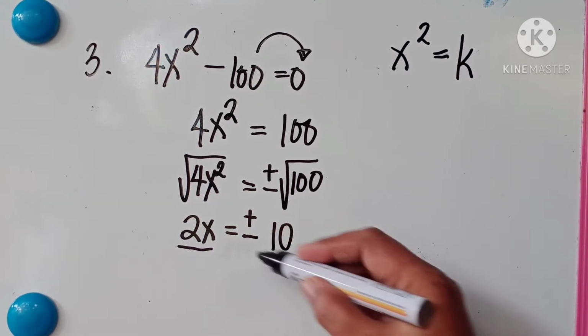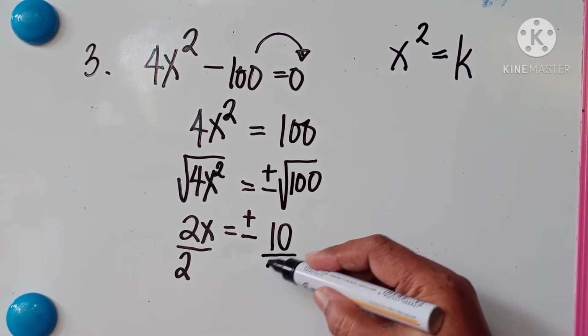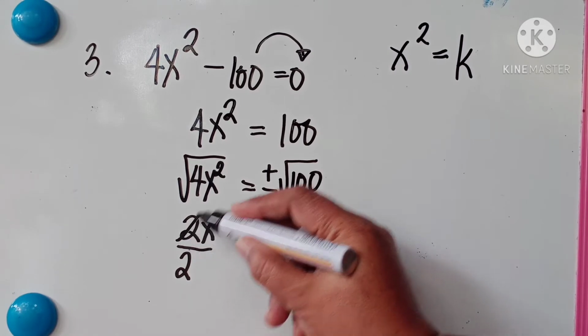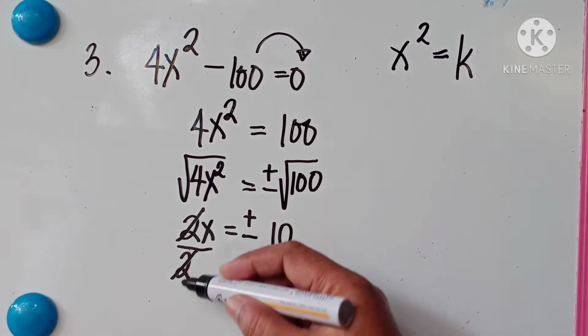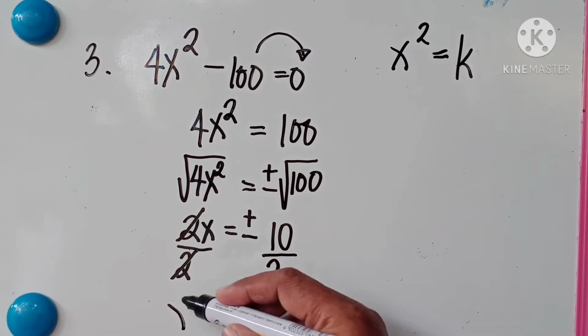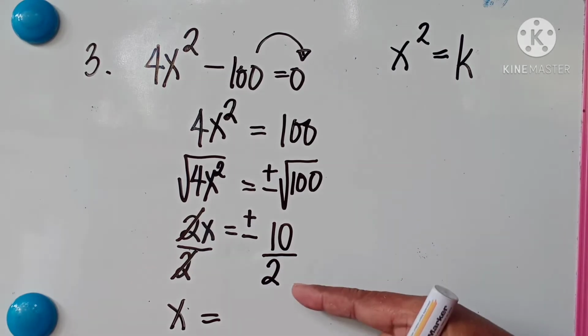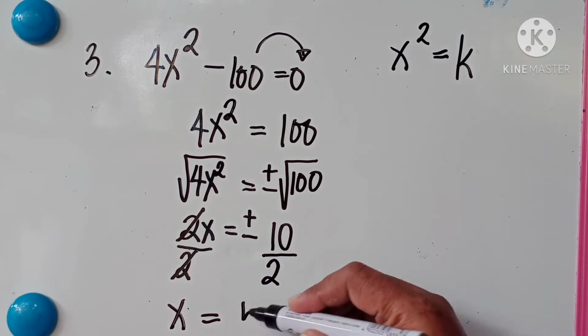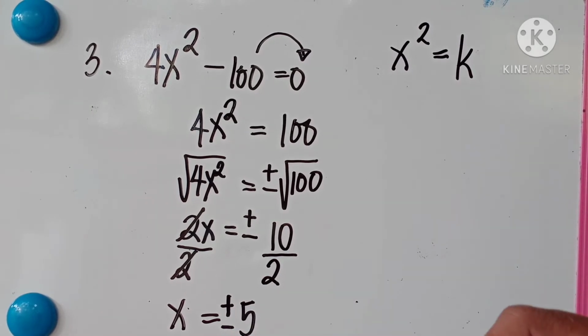So, that is by dividing both sides of the equation by 2, so that the coefficient of x will become 1. So, 2 divided by 2 is 1. Then, we have x now is equal to 10 divided by 2 is 5. So, we have now x is equal to positive or negative 5.